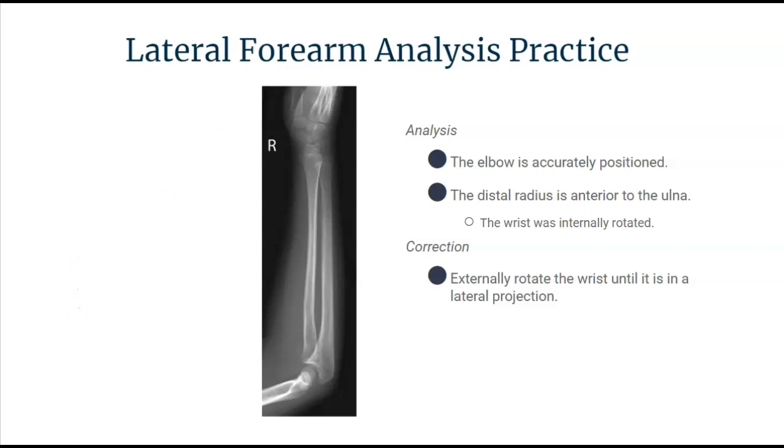However, the radius and ulna are not quite superimposed. As you can see, the radius is demonstrated anterior to the ulna, so therefore we have some internal rotation. In order to correct this, we need to externally rotate that wrist until it is in a true lateral projection.